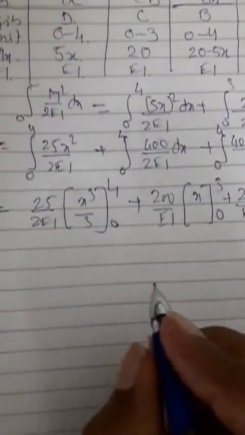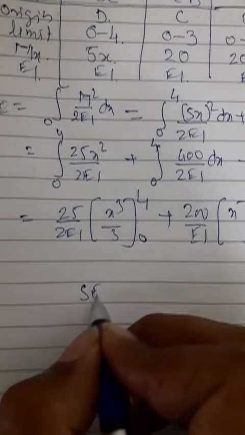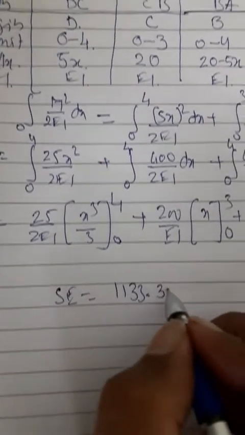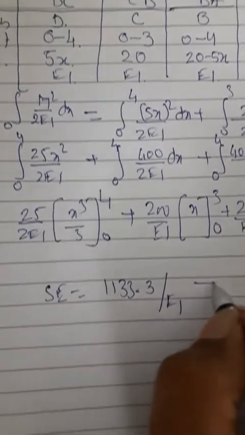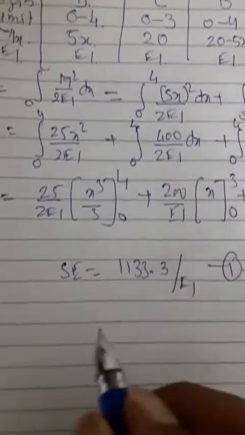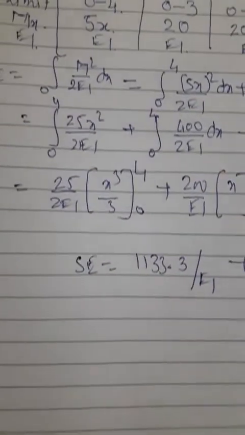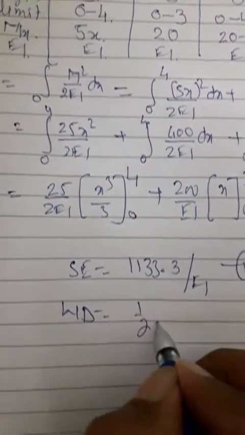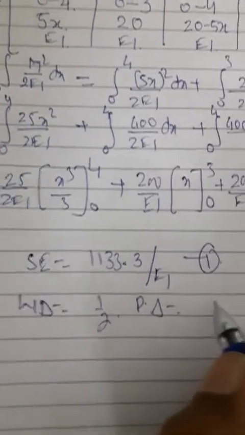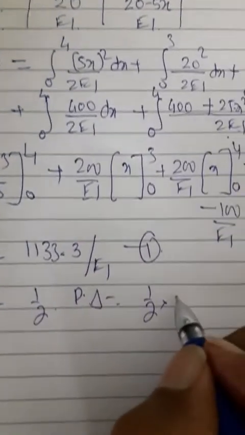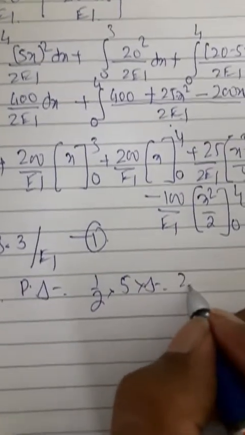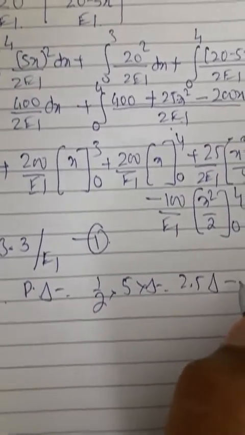You solve all these things, you get strain energy is equal to 1133.3 by EI. Let this be equation 1. Now work done, half P into delta, where P is the load, so 5 into delta, you get 2.5 delta.